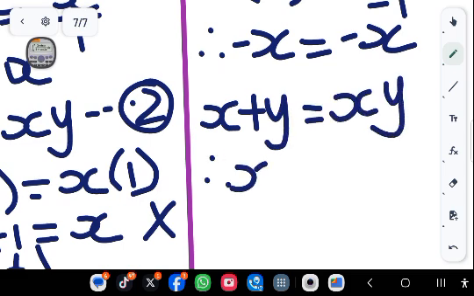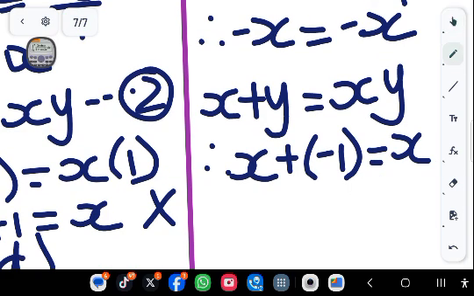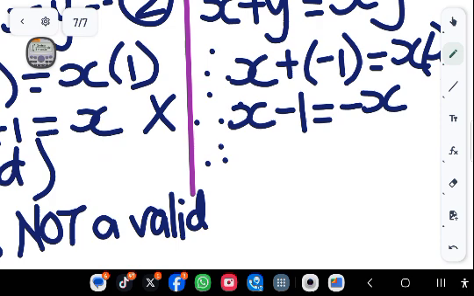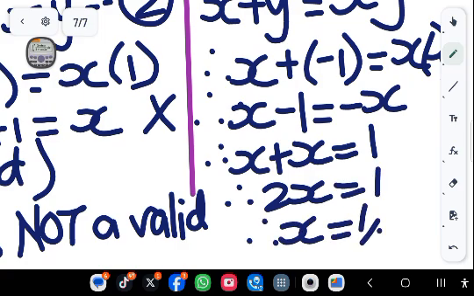Therefore, x plus negative 1 equals x times negative 1, meaning that x minus 1 equals minus x. Take the x to the left hand side and the 1 to the right hand side: 2x equals 1, meaning that x equals half.